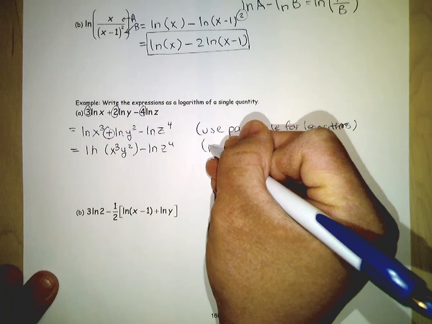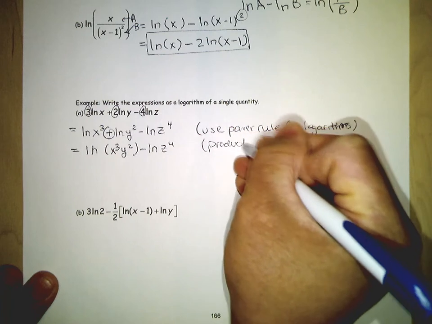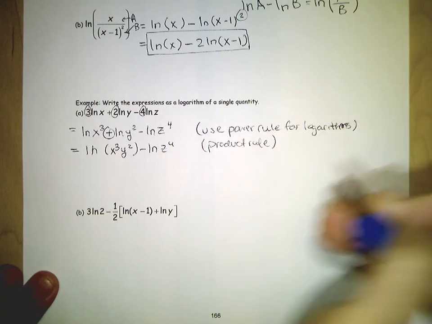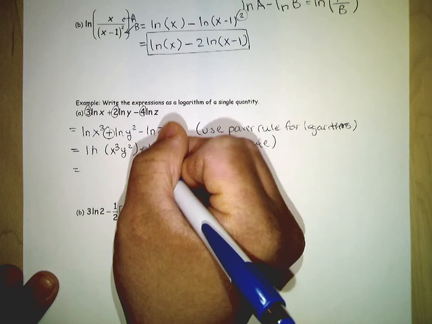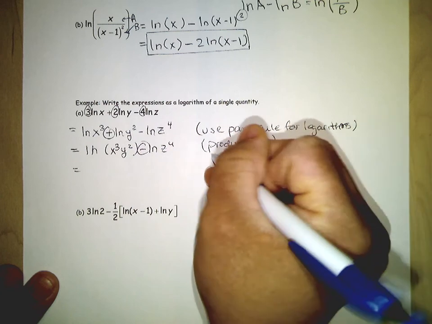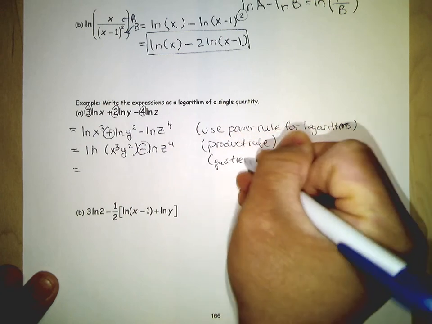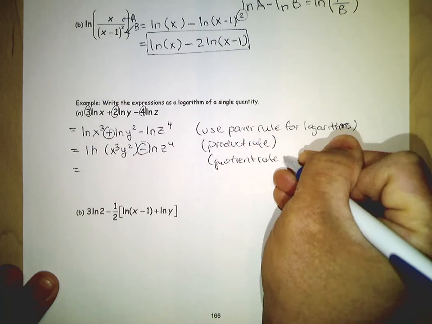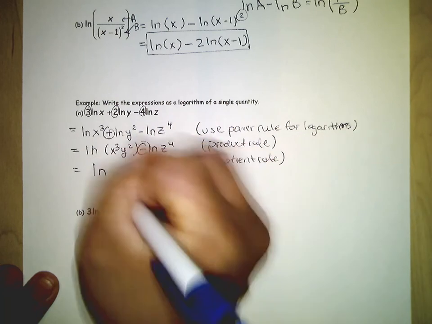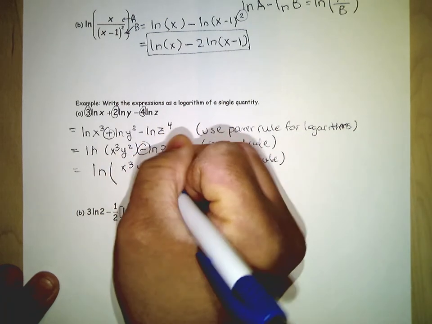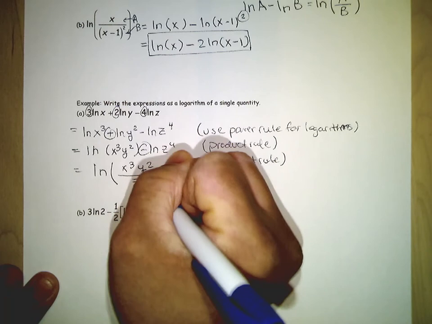So this was the product rule for logarithms. Right now we see the minus, and now we're going to use the quotient rule for logarithms. So we'll have natural log of x to the third y squared over z to the fourth.